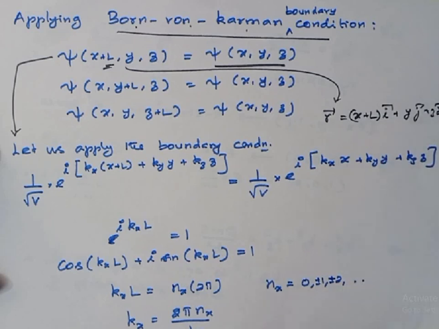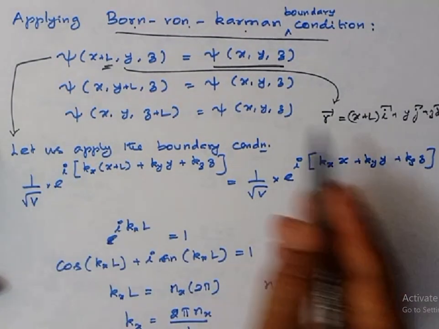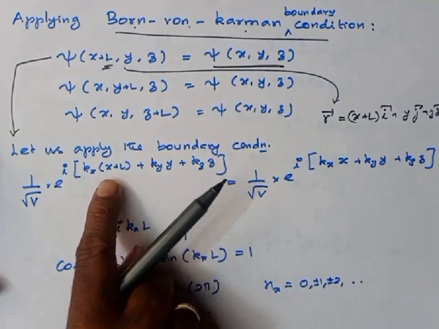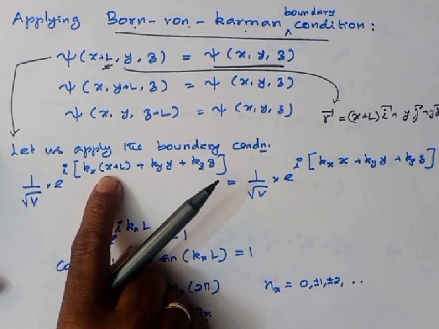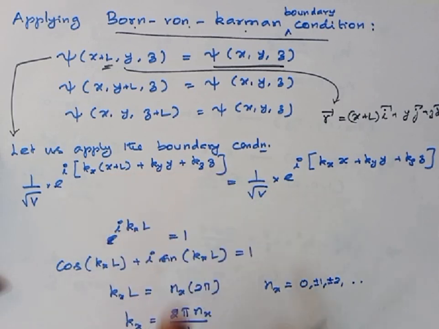So we have to use this r vector to get this wave function. If I multiply k dot r, I will get kx into (x plus L) plus ky into y plus kz into z.